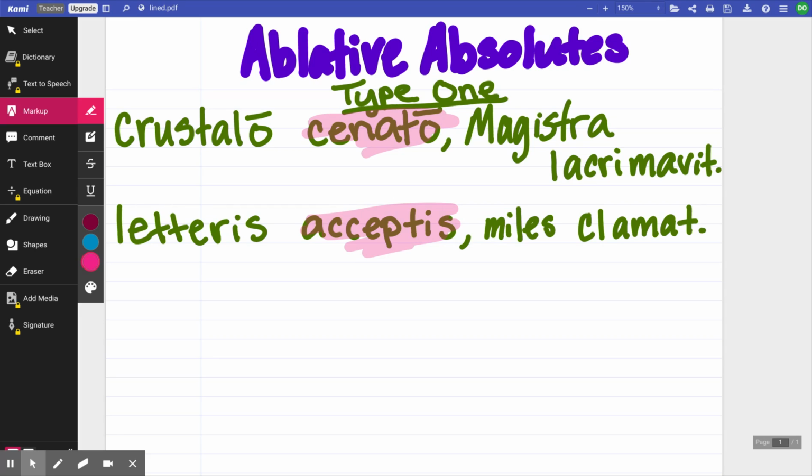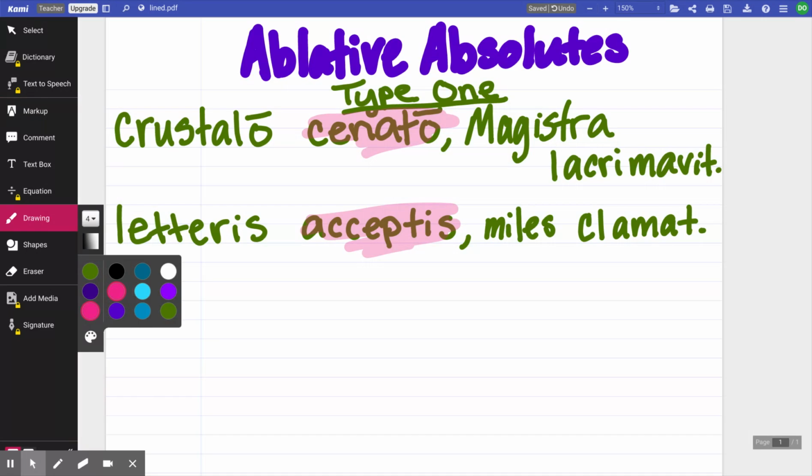Now, our brain wants us to think that if it happened in the past, it happened in the past. Well, you have it partly right here. So what happens in this context is if you have this past tense participle, it means that this is going to happen in the time before the main verb of the sentence, the time before. So we have, with the cookie having been eaten, Magistra cried.